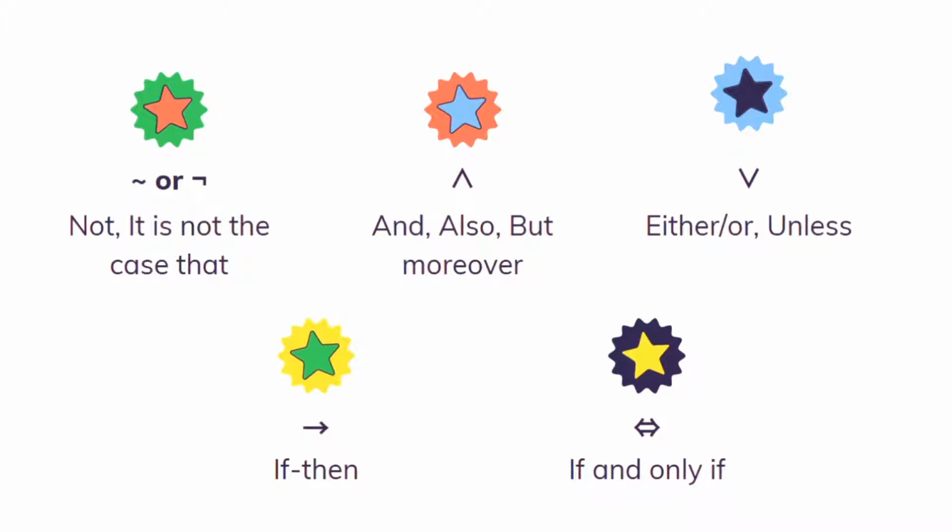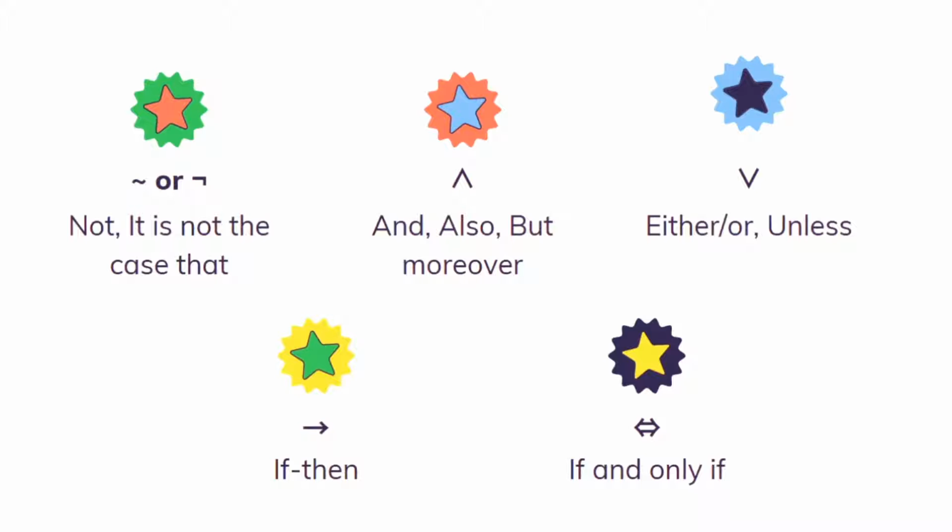What is shown on the screen are the connectives in symbols and their corresponding meanings. On the upper left corner of the screen, you can see a wavy line or a rotated L, which means not or it is not the case that. Next is an inverted V, which means and, also, or but, moreover.